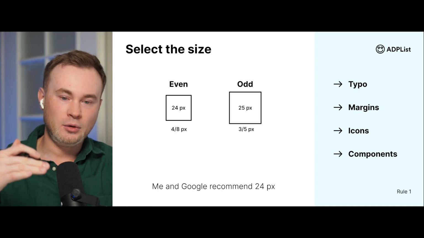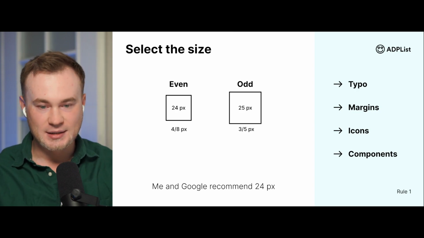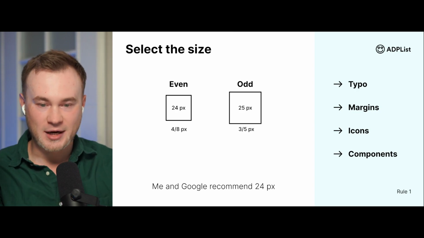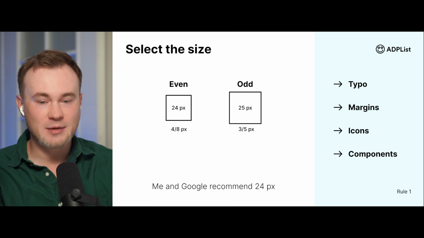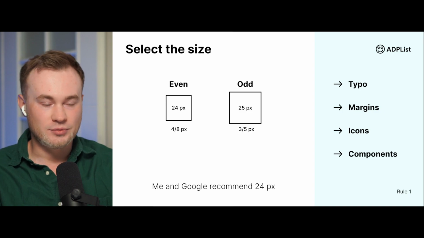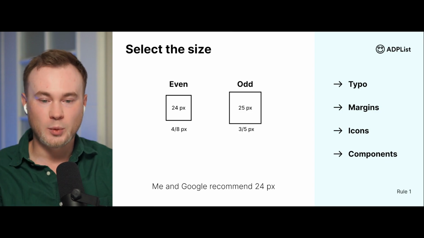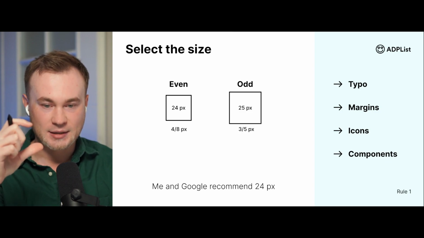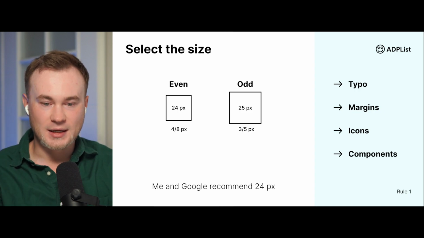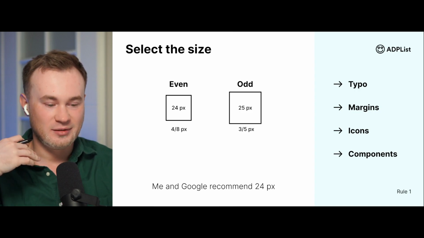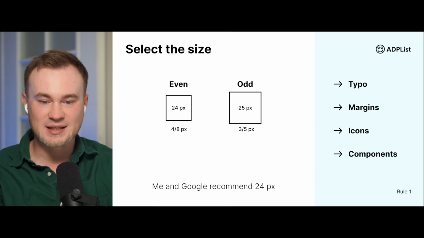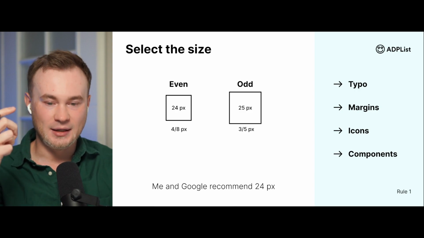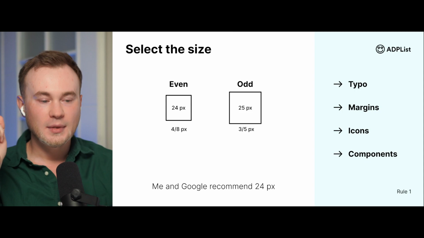If you land in an already existing project, I guess they have some kind of base cell. For example, it's 4 pixels. In this case, you can just choose 20 or 24 pixels for the base icon cell. That's the classic one.